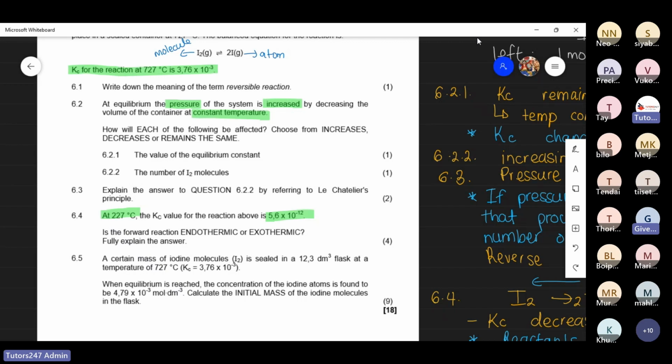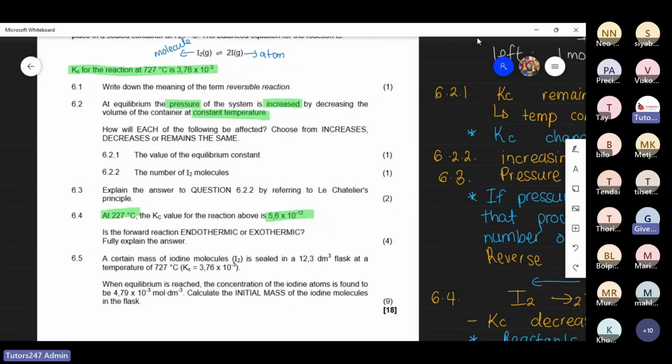So we already know that the reaction that is being favored is exothermic, right? So we need to figure out, is the reaction that is being favored the forward reaction or the reverse reaction? If we are favoring the forward reaction, it means the forward reaction is exothermic. If we are favoring the reverse reaction, it means the reverse reaction is exothermic, therefore making the forward reaction endothermic.